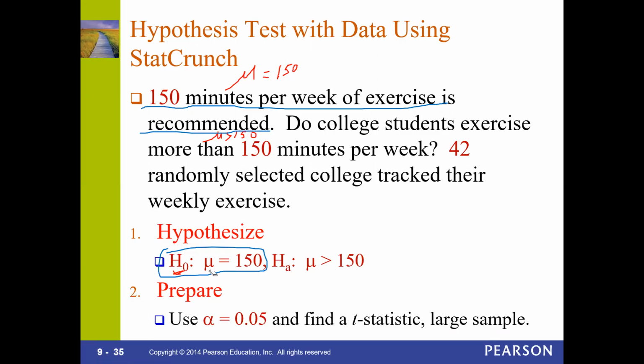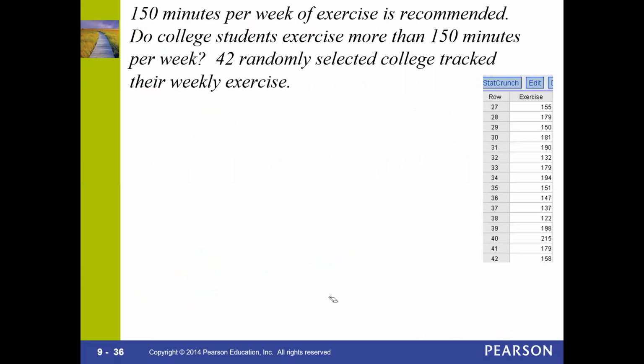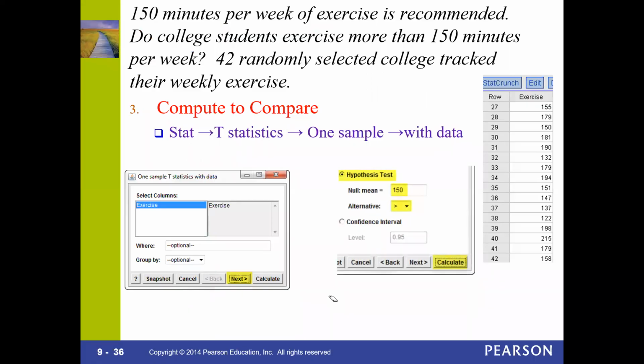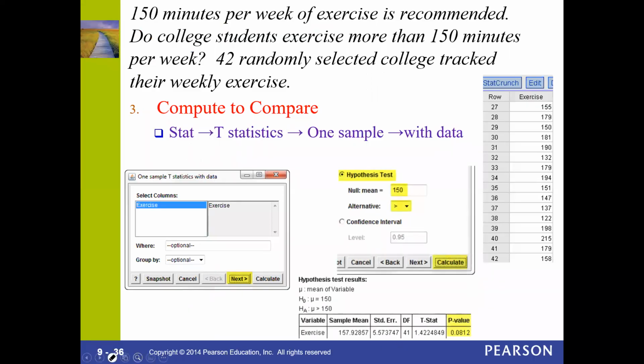Let's just leave it the way it is. So we're going to do a study on whether students exercise more than 150 minutes per week, based on the data. We use StatCrunch. We did this already, so I'm going to skip most of the steps, and this is what we have.